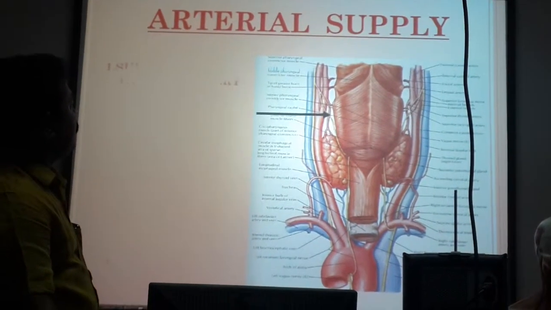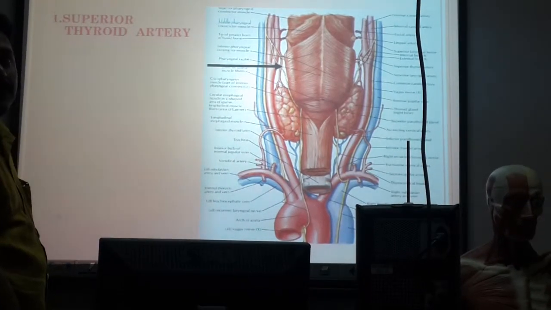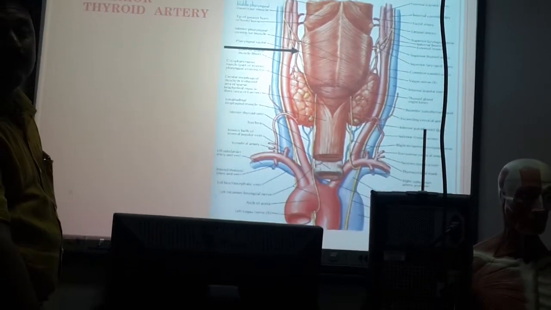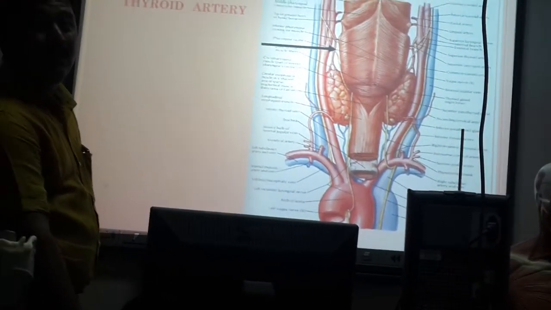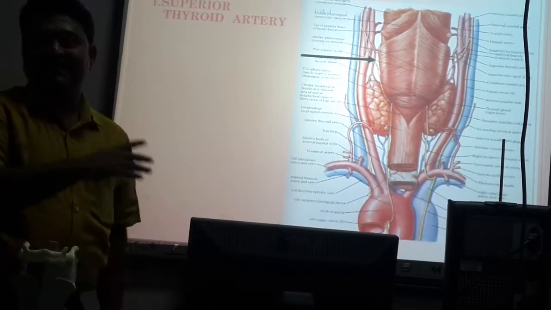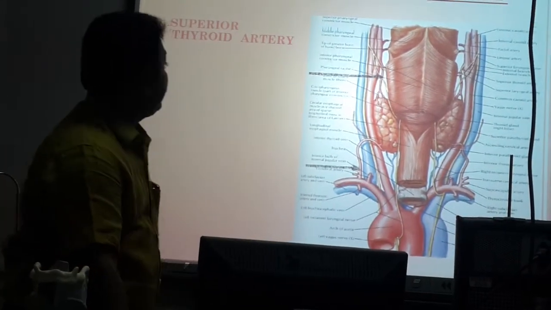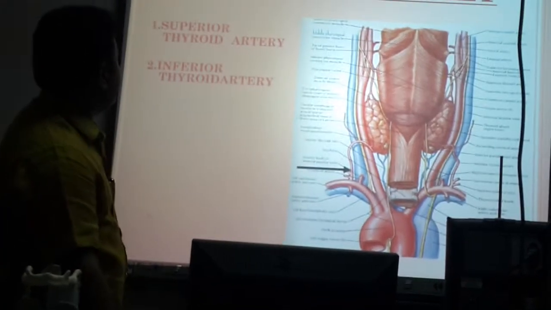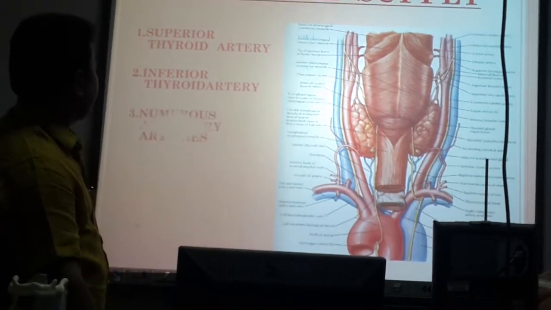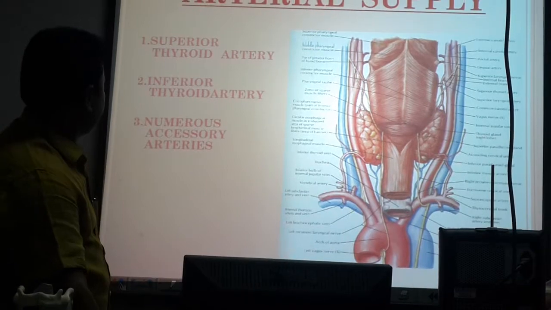Next is arterial supply. It is supplied by the aorta? Direct from aorta? No, so many branches are there. Arterial supply is mainly by the superior thyroid artery and the inferior thyroid artery and numerous accessory arteries.